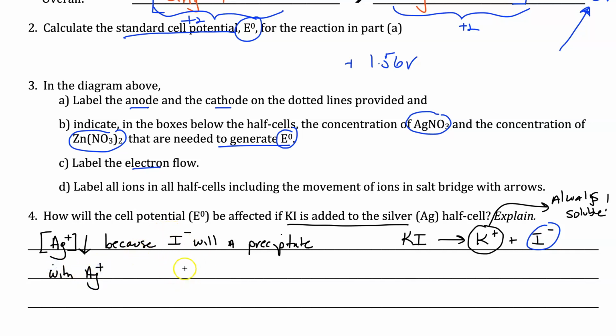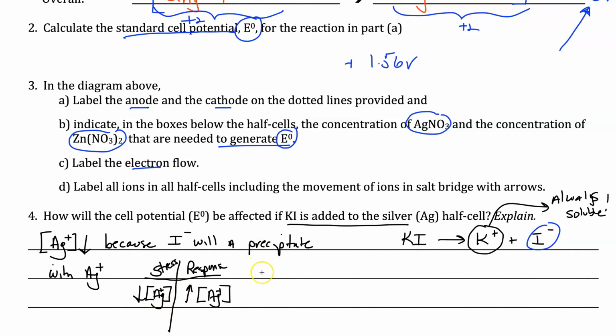Now, we got to use Le Chatelier's principle. Nice, easy way is use my box. I've got my stress and the response. The stress is that we're going to lower silver ion concentrations, and the response by the reaction to regain equilibrium or move toward a more spontaneous process is to increase the silver ion.